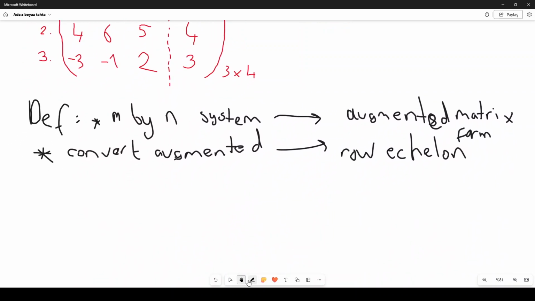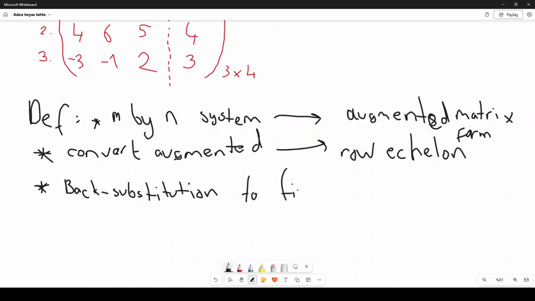And then, once we have a row echelon form, use back substitution to find the solution. And this whole process is called the Gaussian elimination method.